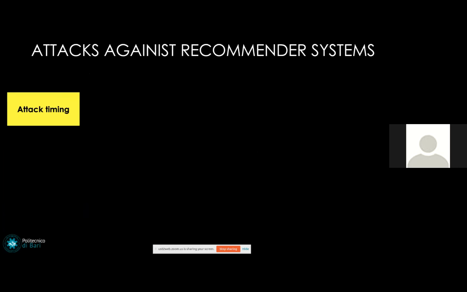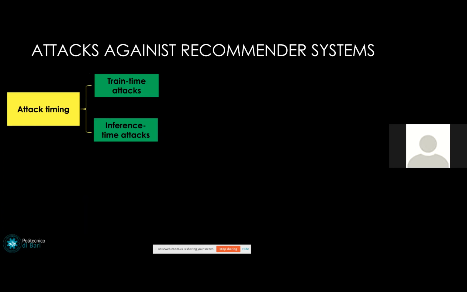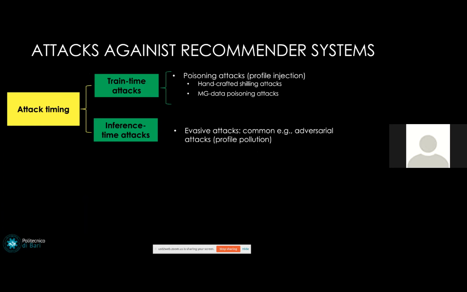Okay, so this is the second classification point of adversarial attacks against recommender systems. Finally, as was mentioned by Tommaso in the first part of the lecture, we can identify attacks based on the attack timing. We have train-time attacks and inference-time attacks. It is interesting to note that the previous attacks that we mentioned, hand-engineered shilling attacks and machine-learned data poisoning attacks, from this perspective could be seen as poisoning attacks because they occur at train time.